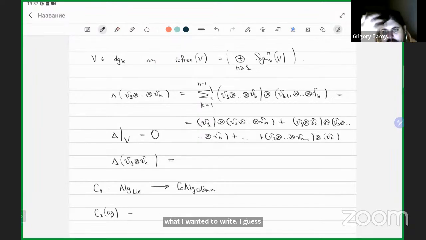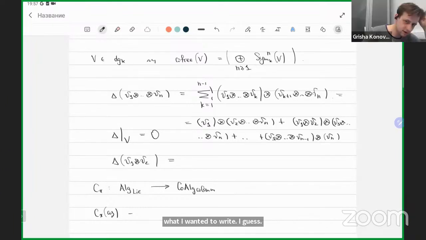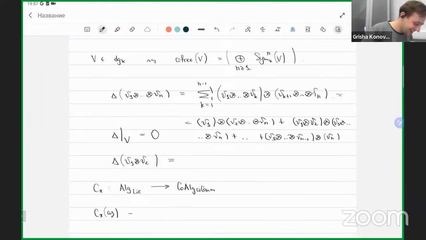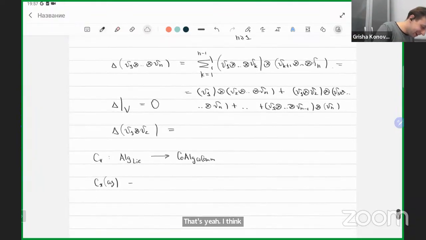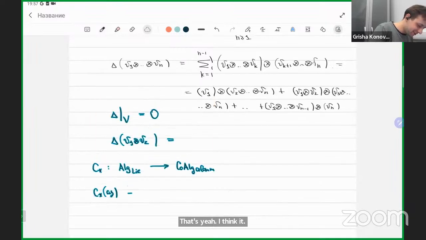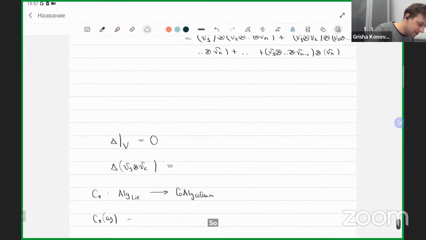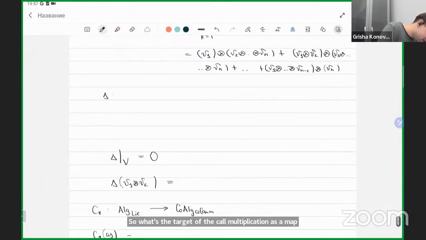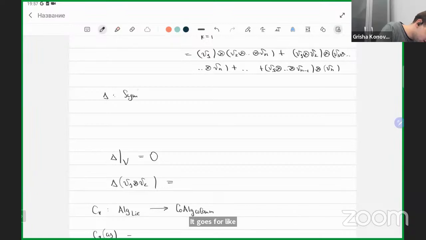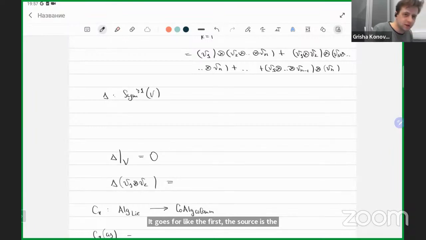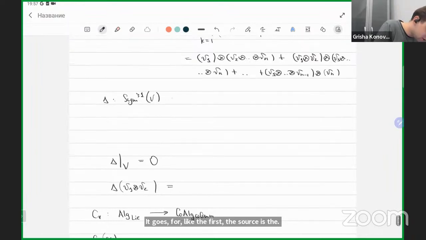Okay, but once again, very stupid question. Then I don't see the difference between any of the summands. What's the target of the co-multiplication as a map? The source is the coalgebra, and the target is the coalgebra times coalgebra.